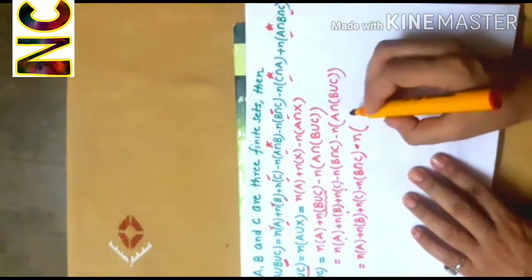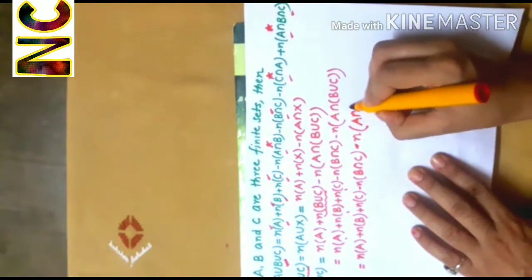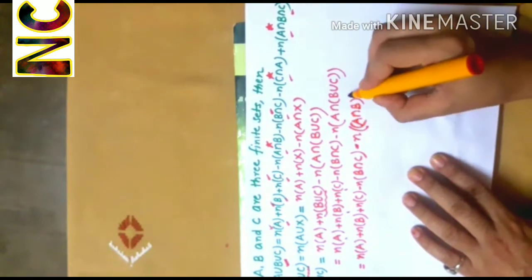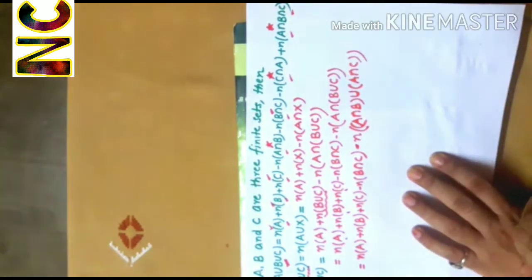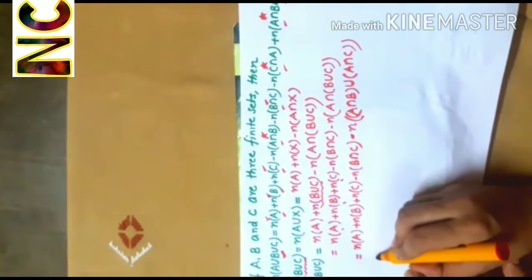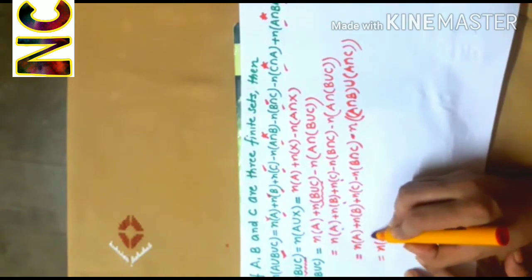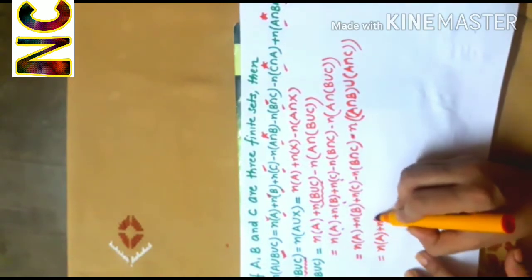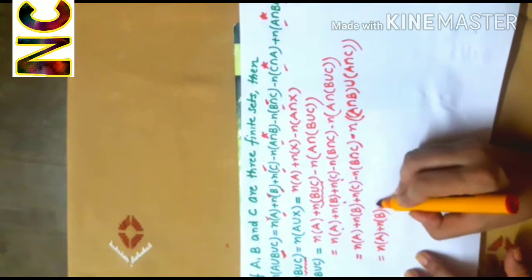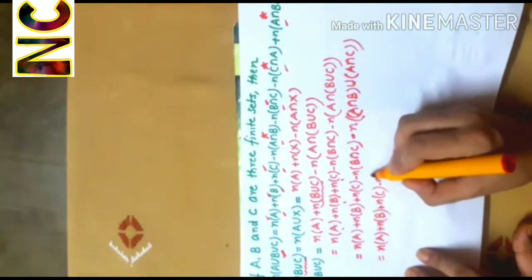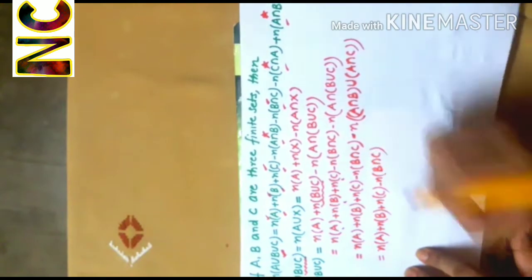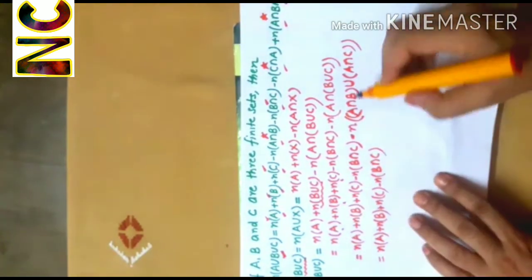So using distributive law, it will be A intersection B union A intersection C, which can be written as number of elements in A plus number of elements in B plus number of elements in C minus number of elements in B intersection C.